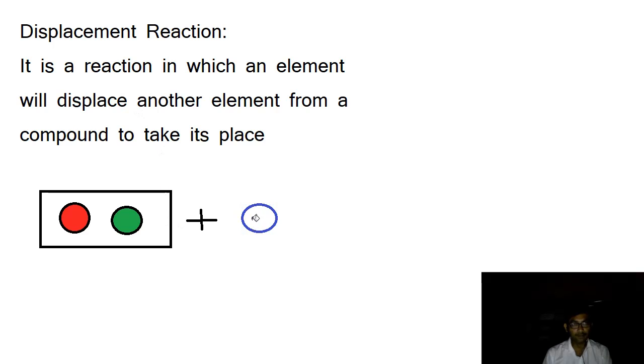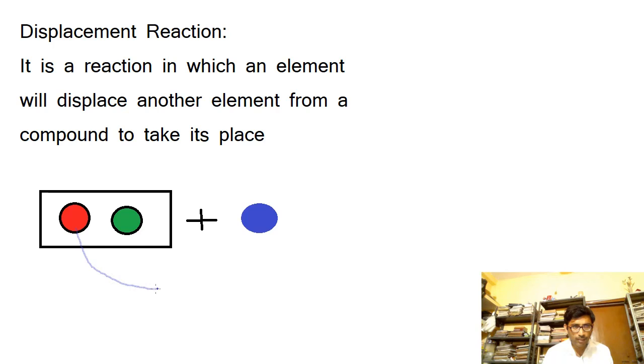element blue. Okay. So in displacement reaction, what is going to happen is that this element will displace this element from its place to take its place. So this element will come out from here and this element will take its place.